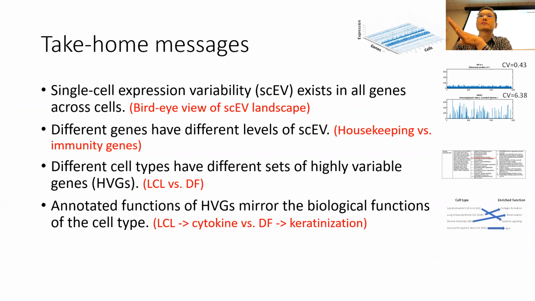So the take-home message is that single cell data allow us to look at highly variable genes to measure expression variability in a cell population. By cell population, I mean a homogeneous population of a particular cell type.